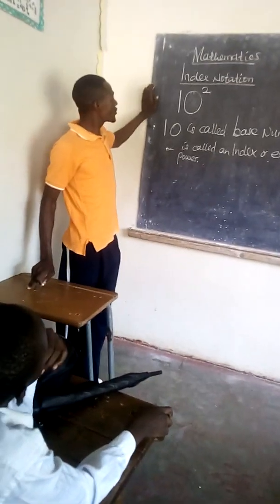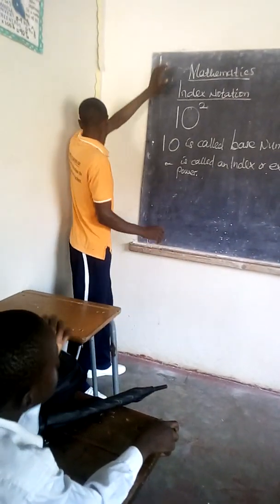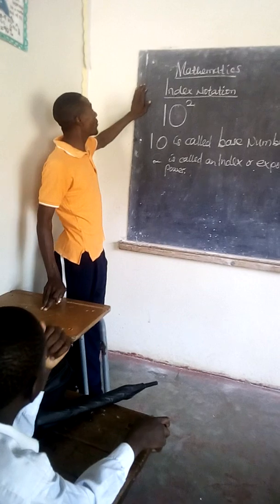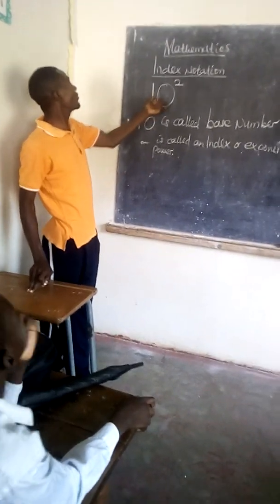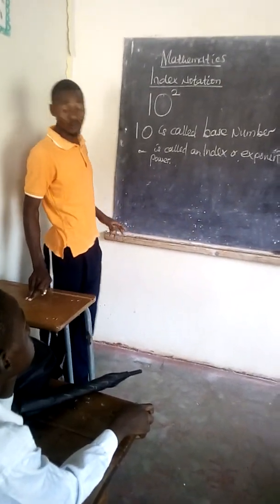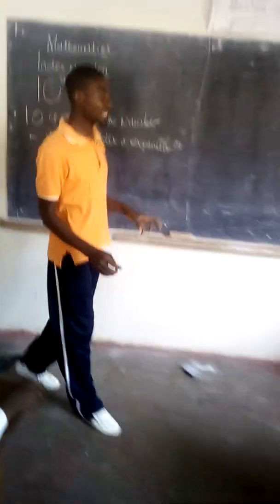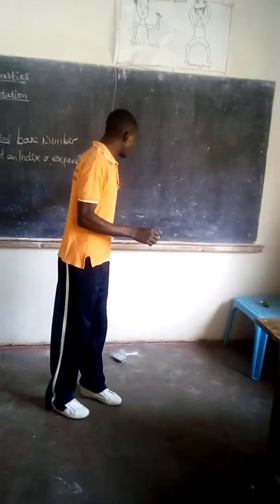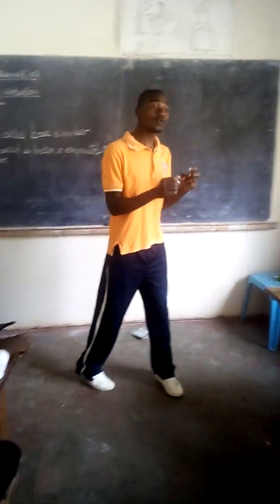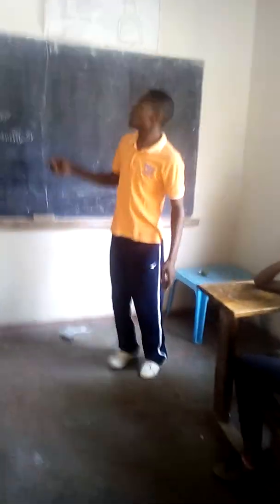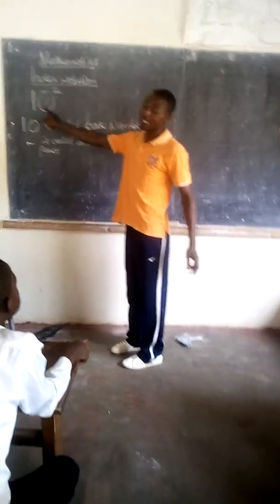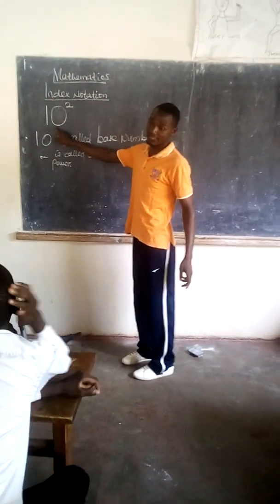Just to give an example on 10 to the power 2, the 2, which is called the power or index, shows how many times this 10 is going to be multiplied by itself.